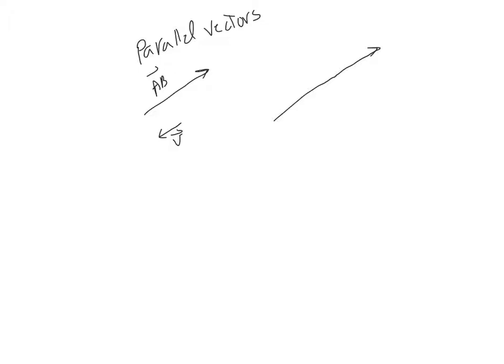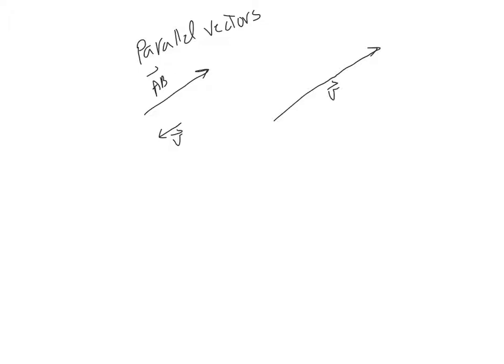We are now going to define parallel vectors. These are vectors that have the same or opposite direction, but the magnitudes do not necessarily have to be equal. So if the vector AB is this one, a parallel vector to AB can be a vector like, let's say, vector V this way, or a vector V this way.